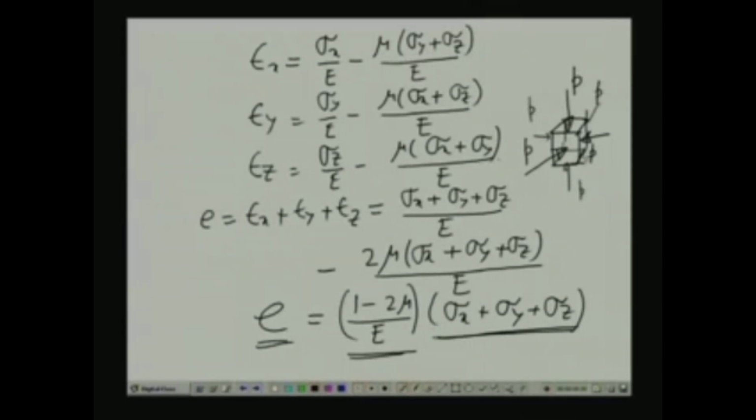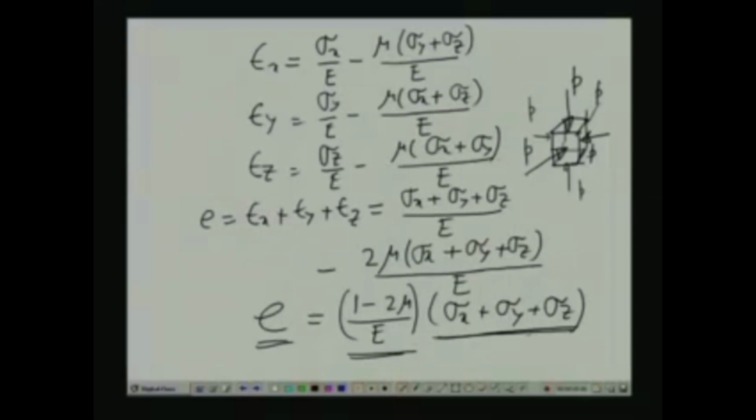That means a body is subjected to pressure from all directions. Thereby sigma x, sigma y and sigma z are of equal value, of magnitude p, and this particular state of stress in a body we call a state of hydrostatic pressure.